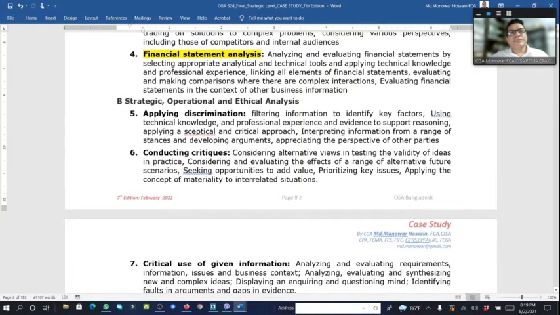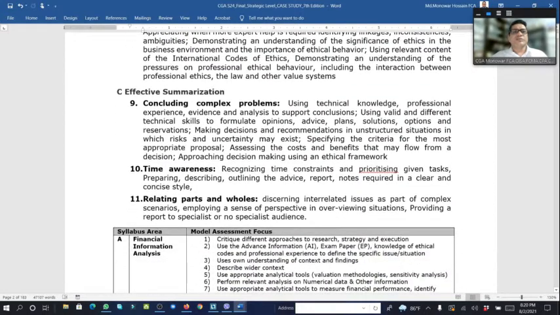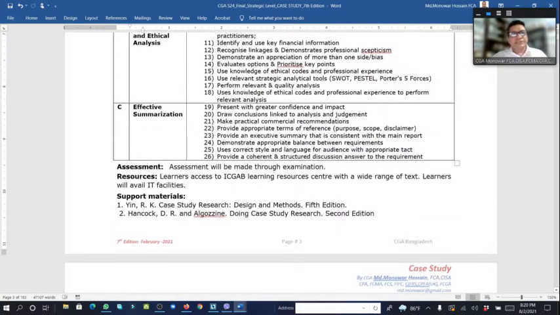And for the strategic, operational, ethical analysis, the topics are applying discriminator, ethical analysis, and also effective, that means concluding complex problems, time awareness, and relating parts of the whole, all overall items within these three items.